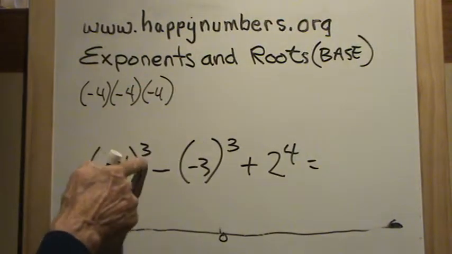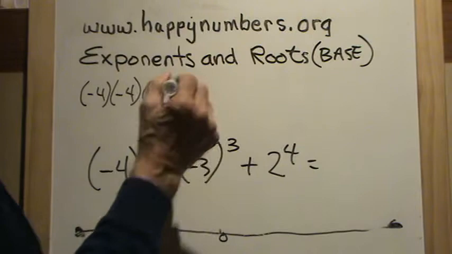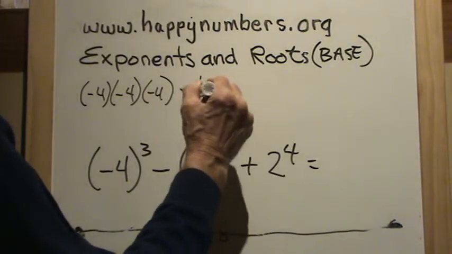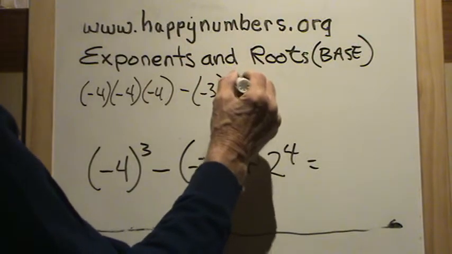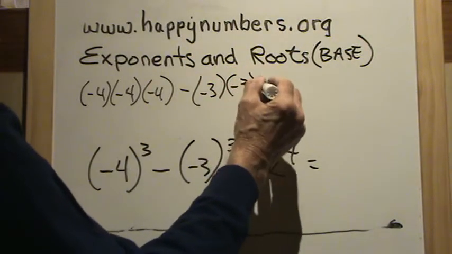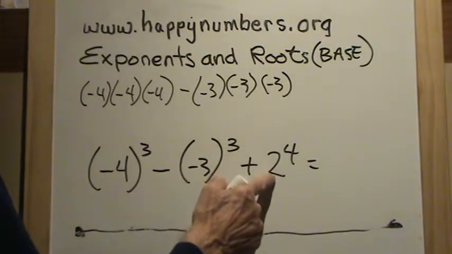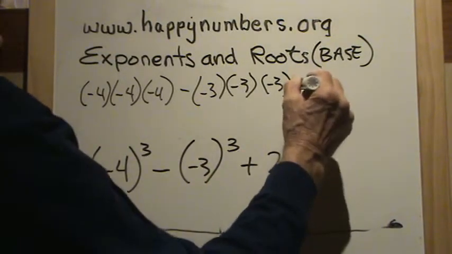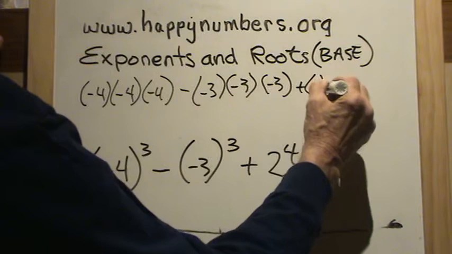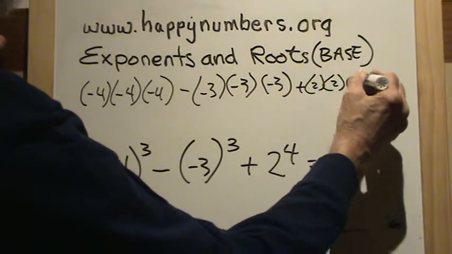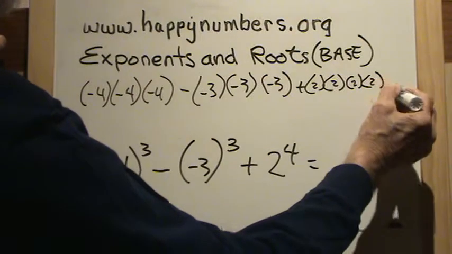That's negative 4 cubed, minus negative 3 to the third power. That's negative 3 times negative 3 times negative 3, plus 2 to the fourth power. That's 2 times 2 times 2 times 2.